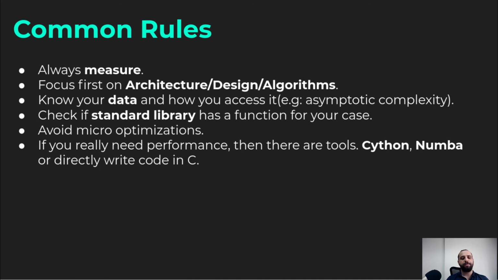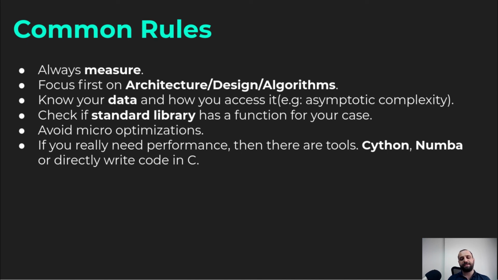The second one is you should be focusing first on architecture, design, and algorithms rather than doing language-level micro optimizations. A simple performance problem can open new ways of refactoring your architectural code base and make it even better than before. And during development, check if there is a standard library function that accomplishes what you are trying to do, or what is the best practice for your case.